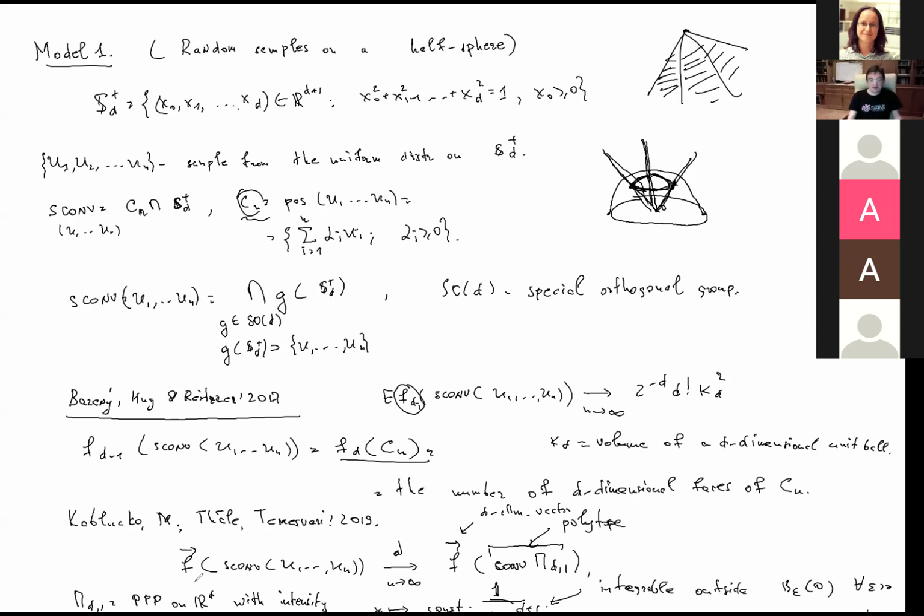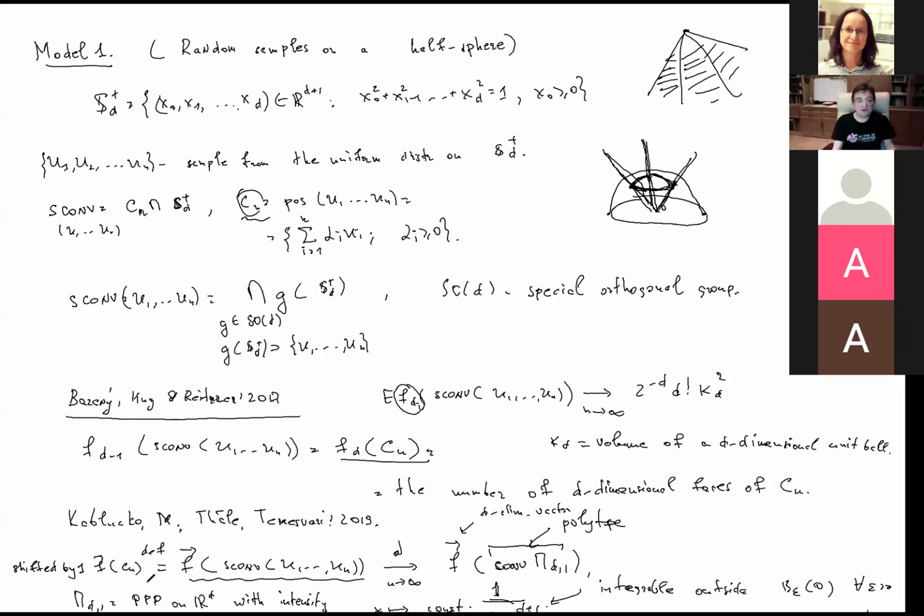And similarly, this quantity is the f-vector of the spherical convex hull, which can be defined as the f-vector of a polytopic cone itself, right? So we stipulate by definition that this is the shifted by one f-vector of the cone Cn. Why shifted by one?